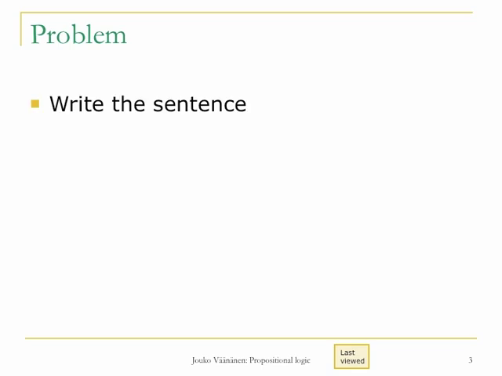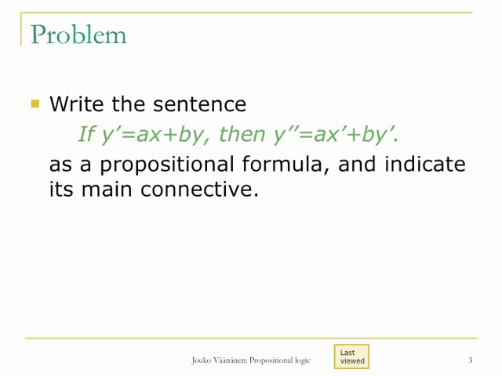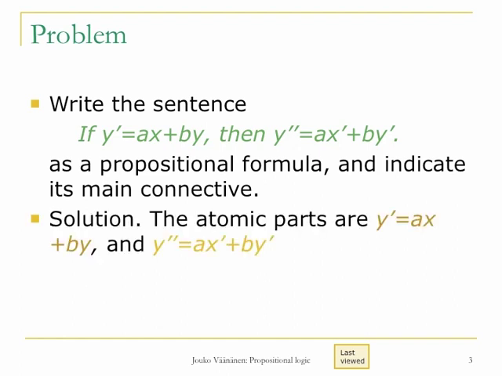Write the sentence, "If y prime equals ax plus by, then y double prime equals ax prime plus by prime," as a propositional formula and indicate its main connective. Solution.